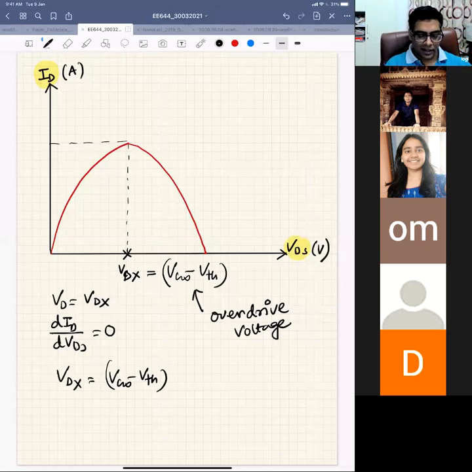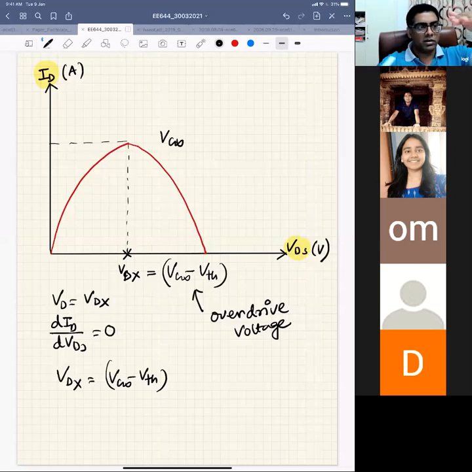That maximum current will happen at VGS minus VTH. So basically it is telling us that as you go on increasing VDS, your current will increase, then decrease. But this is not very sure. Why would my current decrease? My VGS is constant at a particular VGS, which means I have electrons at the surface.